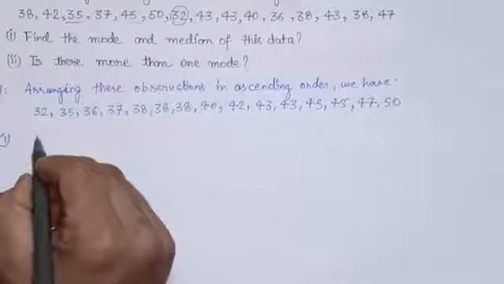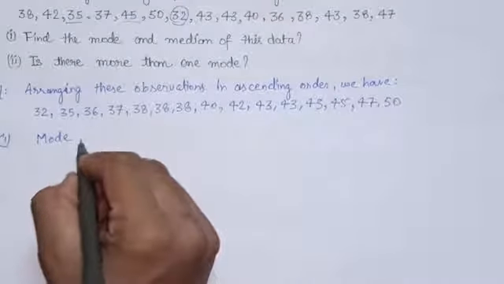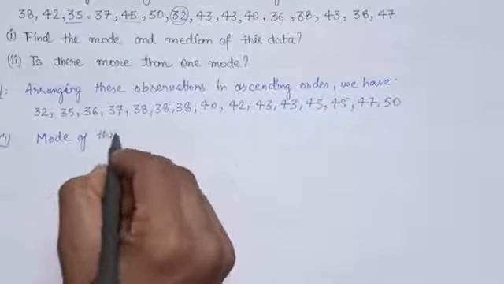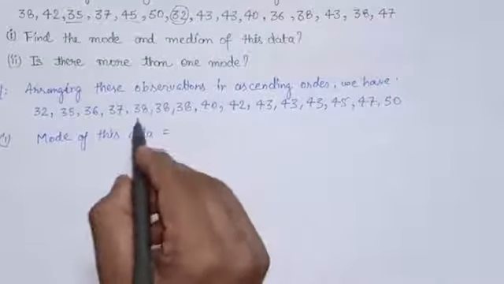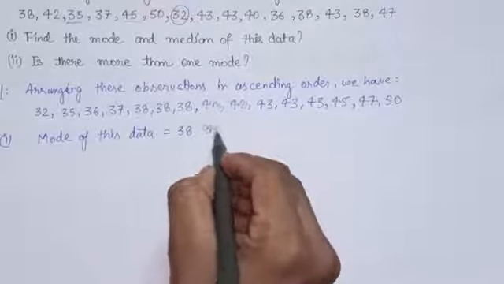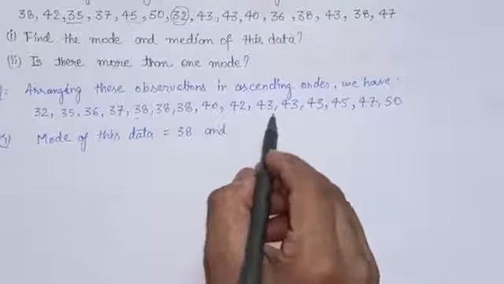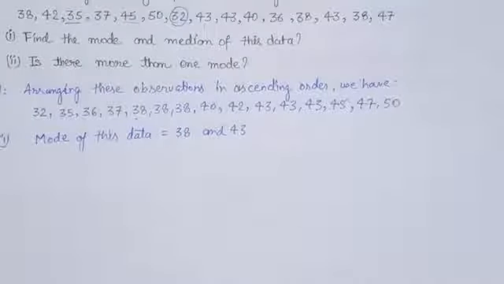So we can say the mode of this data is 38 and also 43, because both observations have occurred the same number of times.